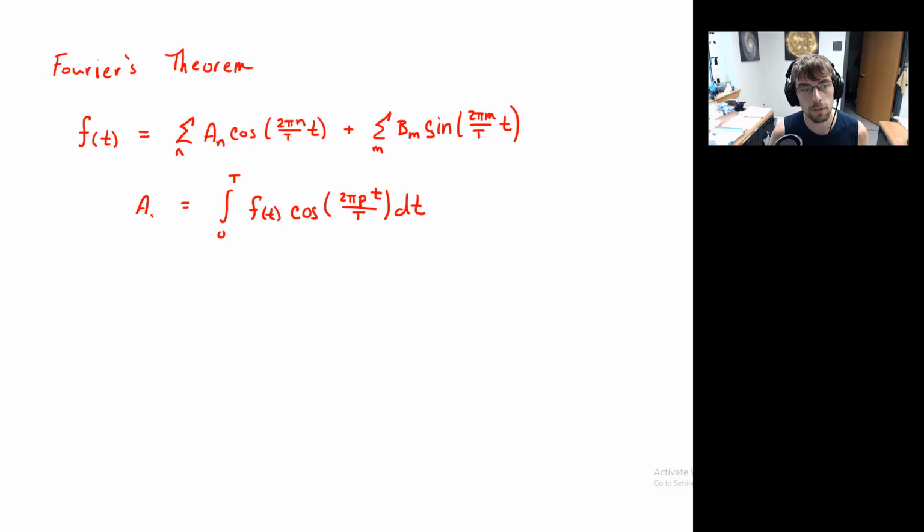And that will give you the pth component or coefficient. And again, we're going to say that p is contained in the positive whole numbers. And so that's basically the whole thing in a nutshell.